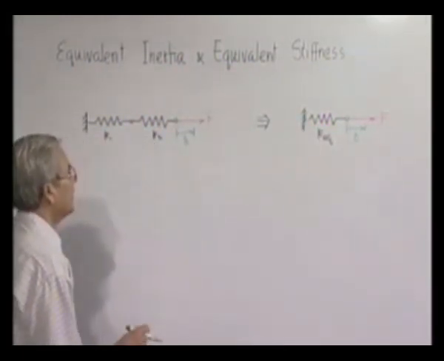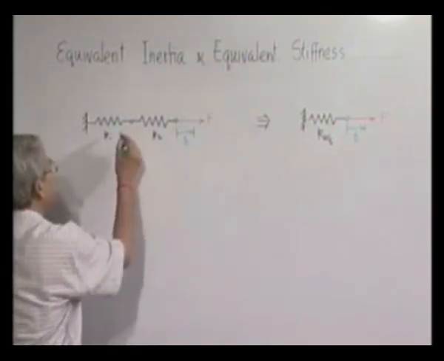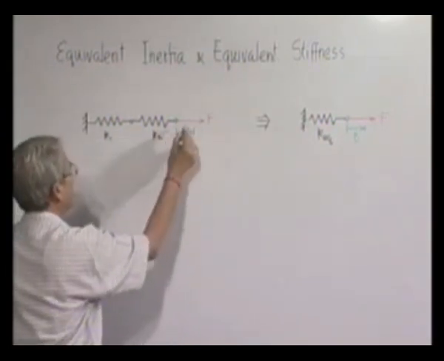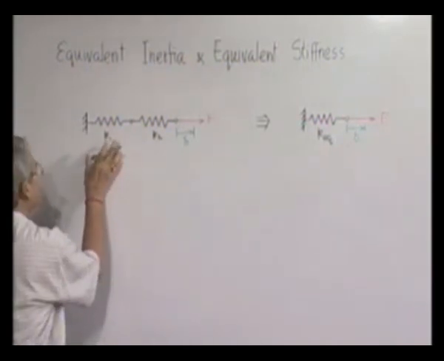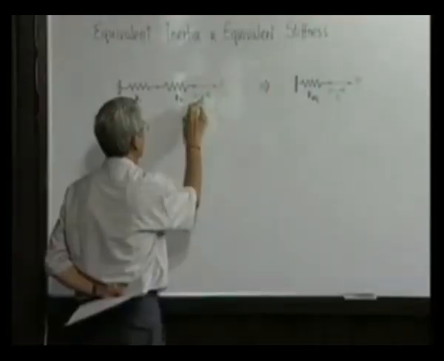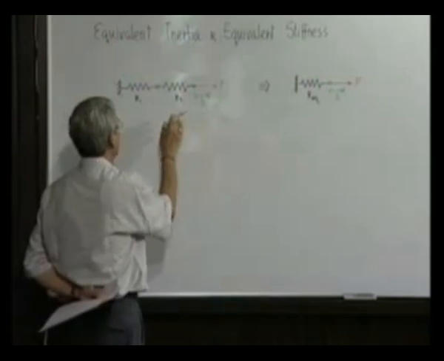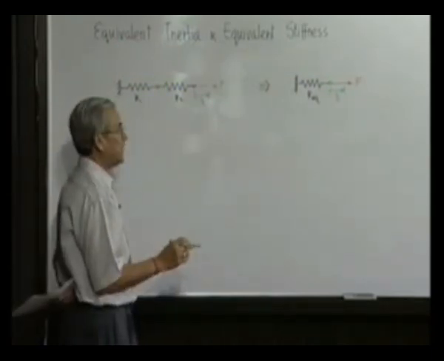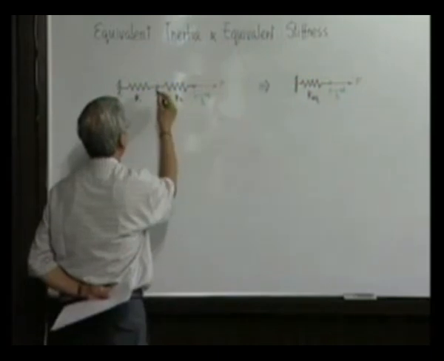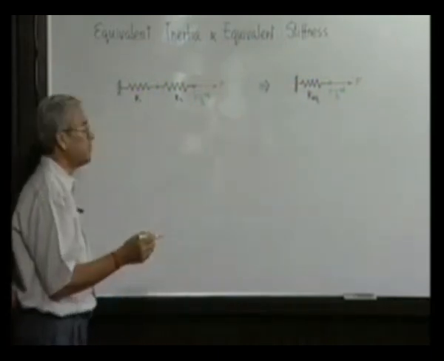Now, here the stiffnesses are known. Let us find out, under the action of the force, what is this deflection? It is very clear to see that this displacement from the original position is nothing but the stretch of this spring plus the stretch of the second spring. So, what is the force transmitted or sustained by these two springs?